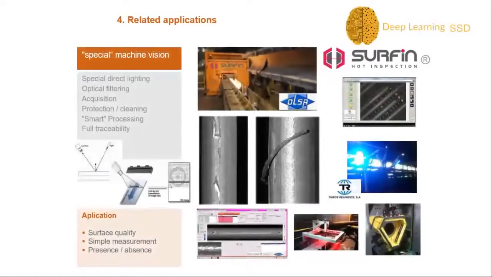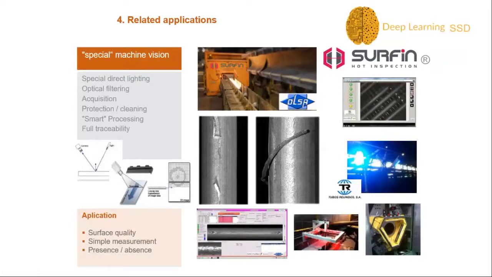I have here, depending on the time, I will explain. There are some applications where we are using different architectures of deep learning. We are working with people that are experts in these new architectures. In this case, single shot detector deep learning, capable of detecting surface defects in hot conditions, to locate and classify defects in real time, at 10 meters a second.